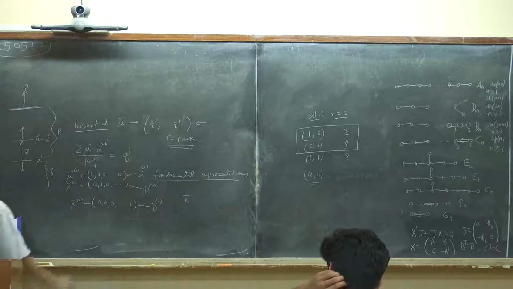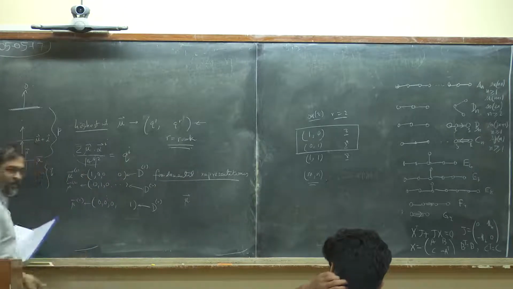So these are the Dynkin labels and these are the corresponding special weights.